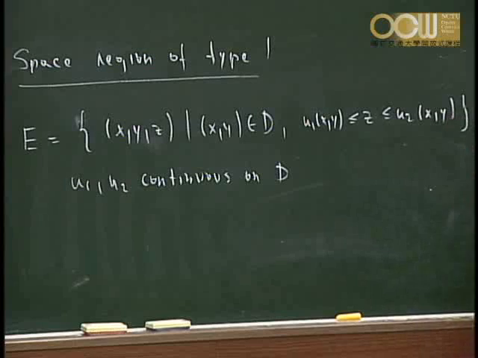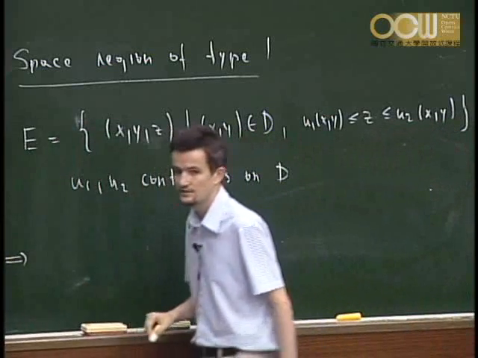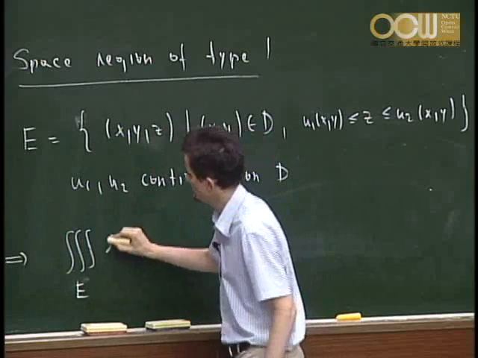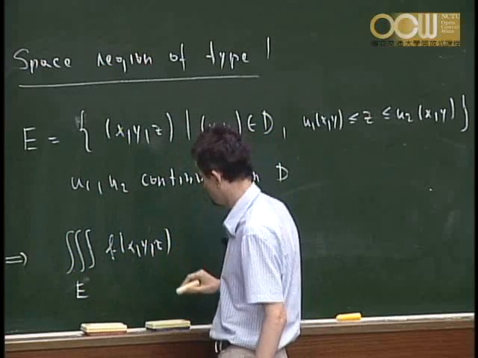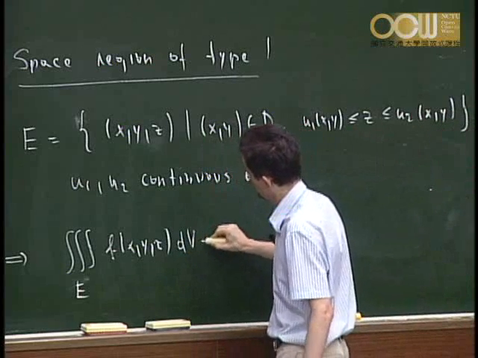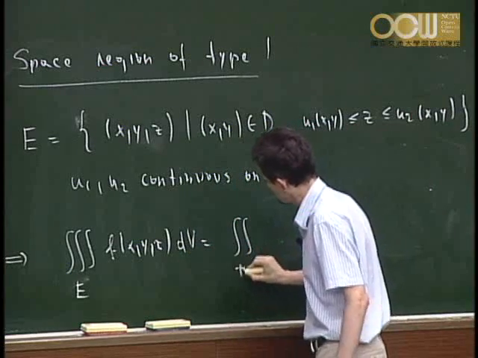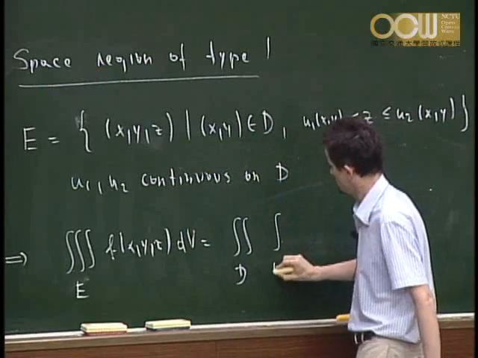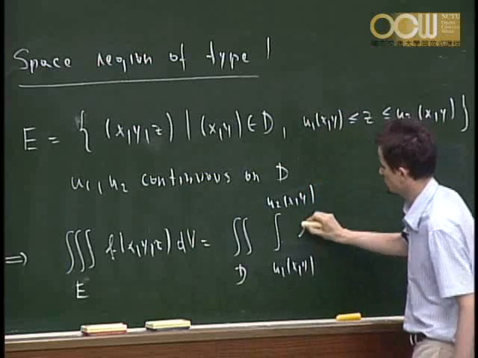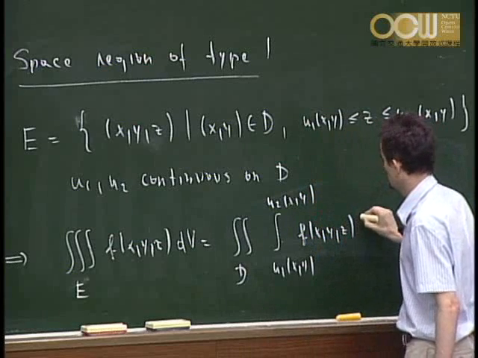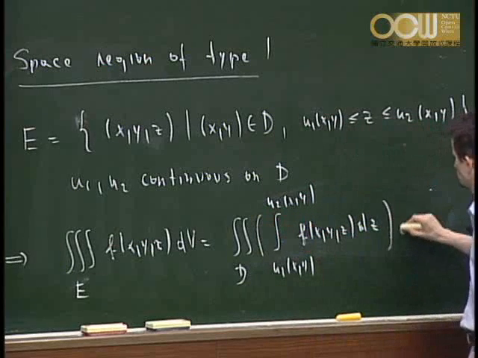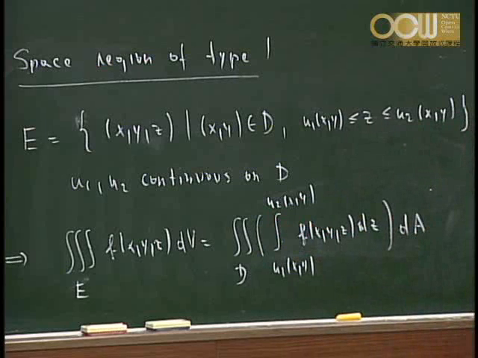So if you carry out this definition, it's not complicated, and you certainly will believe me that if you compute the triple integral over E of a function f(x, y, z), which is continuous on this space region of type 1, then this will become a double integral over D, and then you have an integral from u1(x,y) to u2(x,y) of our function f(x, y, z), with the inner integration with respect to z, and this is the function for which you compute the double integral.